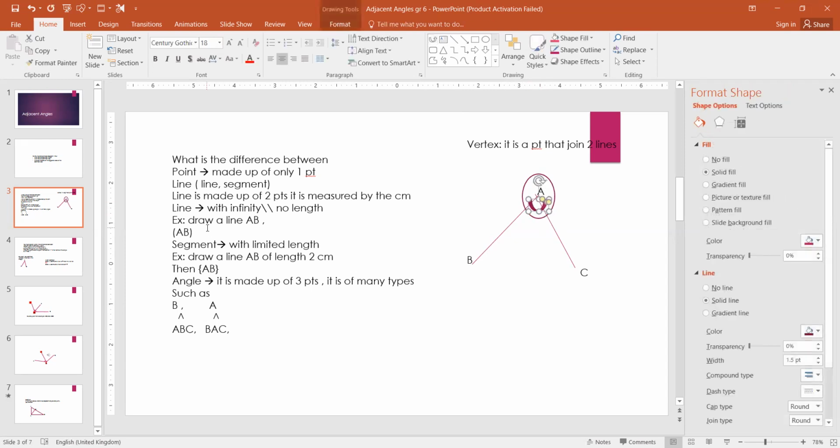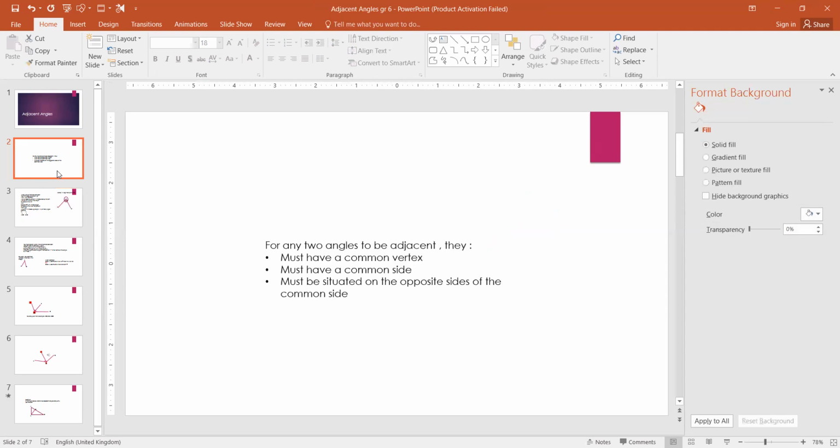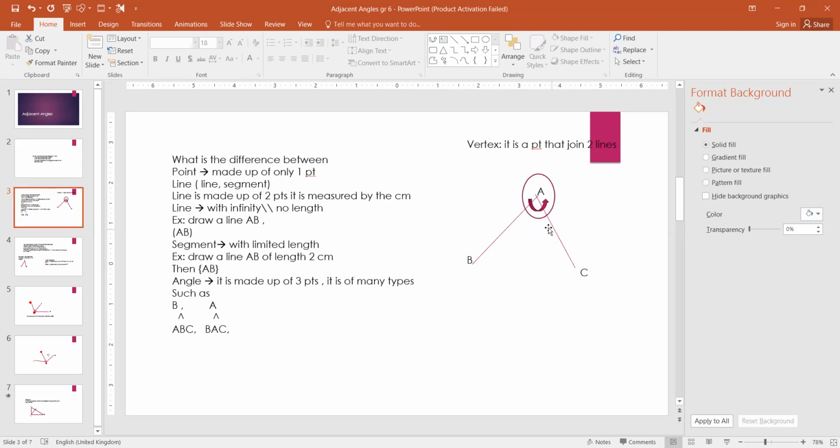Let's move up to the first slide and see what I was saying. They must have a common vertex. This is a vertex, but remember, there's only one angle here. Why? Because it's not closed. Those are two lines of the same vertex, not two angles.